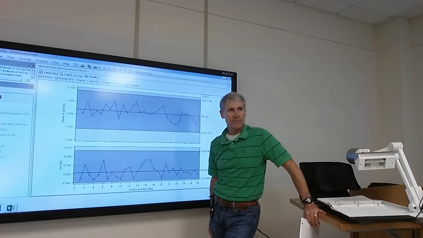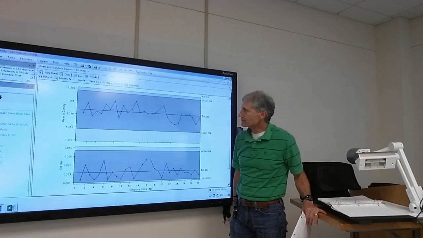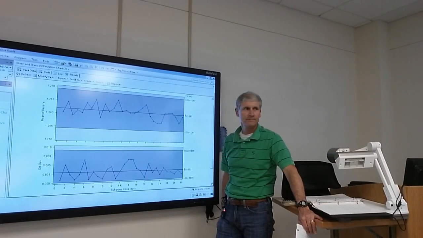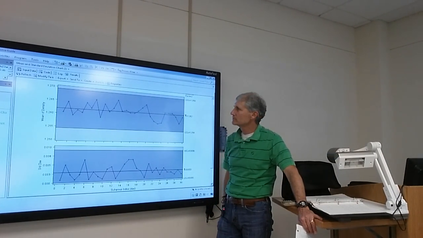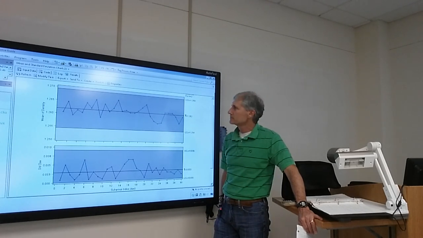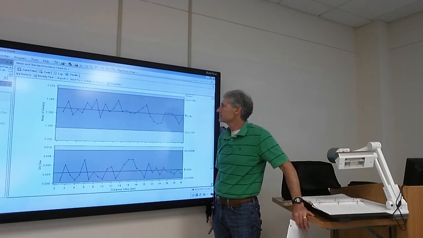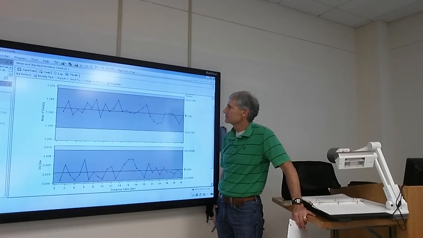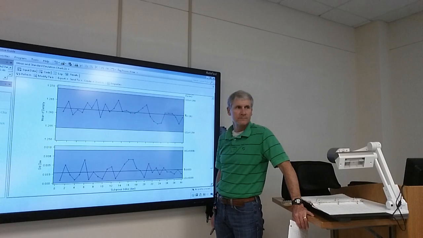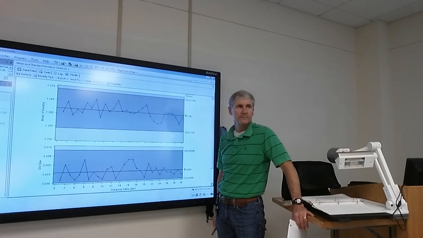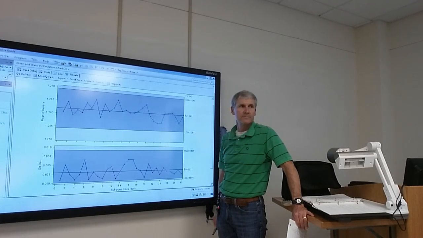So if I were to redraw the X bar chart, and it started over there normal, and then it went up, and then it went down below the bar, and it went up again, and then it went down again, would you interpret that as a tendency towards drifting upward?